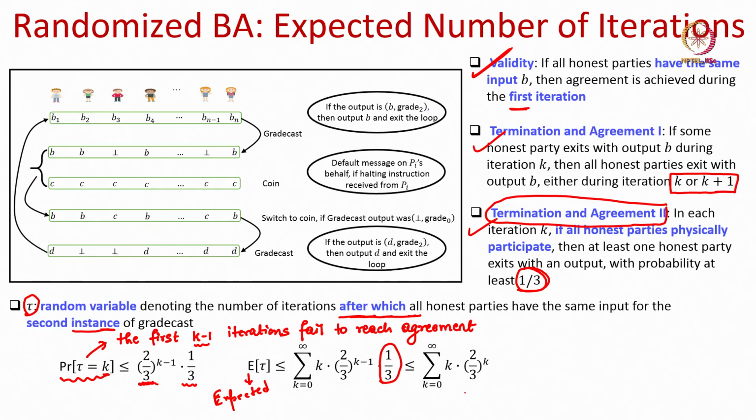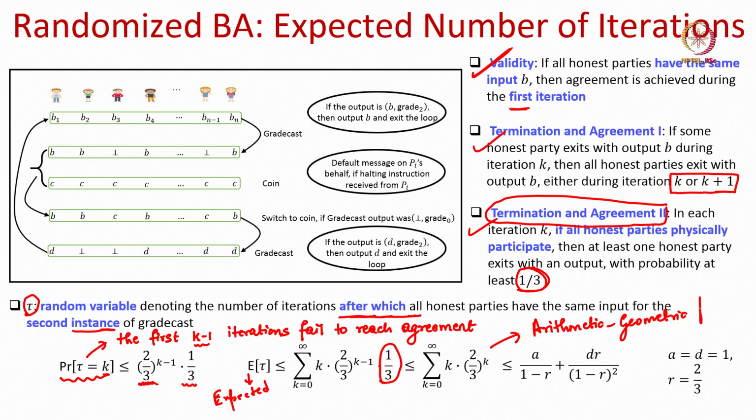So, the inequality turns out to be this, and now this is an arithmetico-geometric progression, where the summation of k can be treated as an arithmetic series, where the first term is 1 and the common difference is 1, whereas the product of (2 over 3) raised to power k and summation over that can be treated as a geometric series, where the common ratio is 2 over 3, and there is a well known formula for the summation of this series, which is given by this formula.